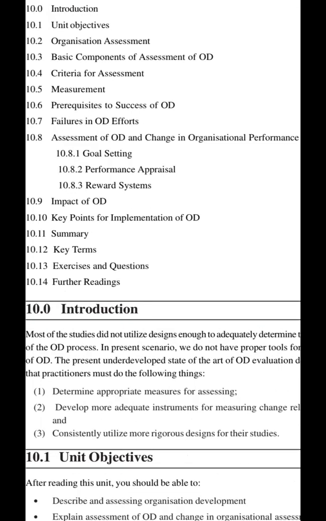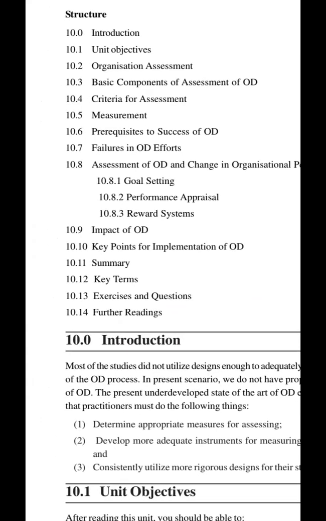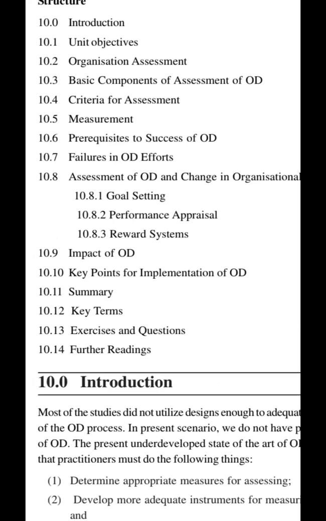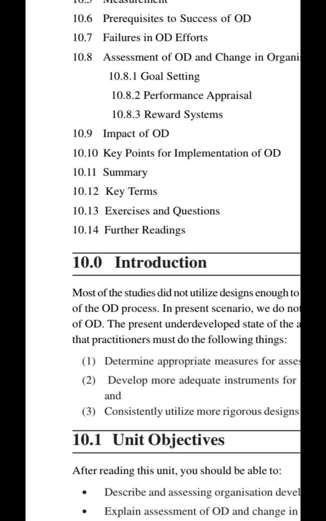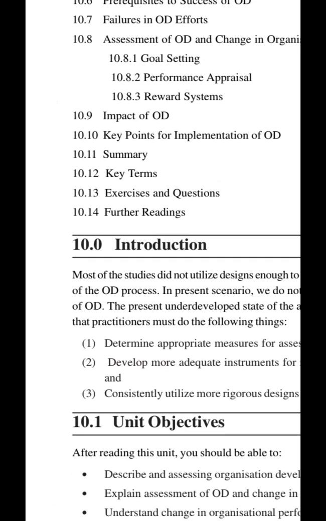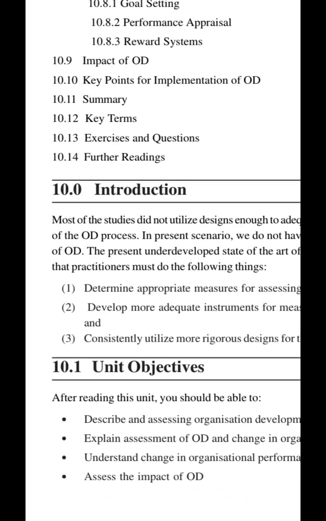Structure: introduction, unit objectives, organization assessment basics, components of assessment of OD and criteria of assessment, measurement, prerequisites of success and failures in OD efforts, assessment of OD and changes in organizational performance, goal setting, performance appraisal, reward system, impact of OD, key points of implementation of OD, summary and key terms, exercise, and questions. Further reading.